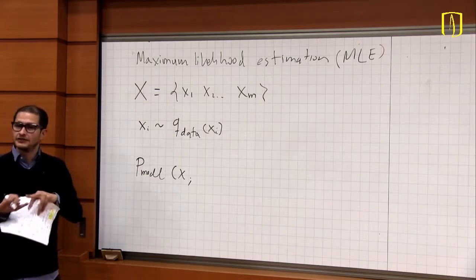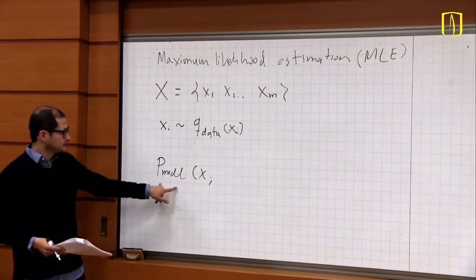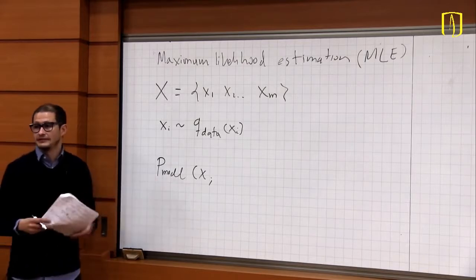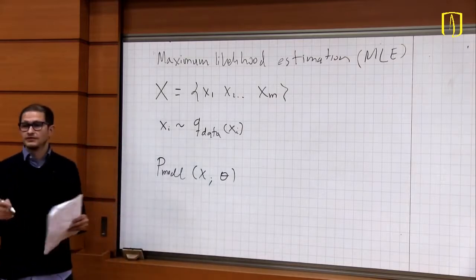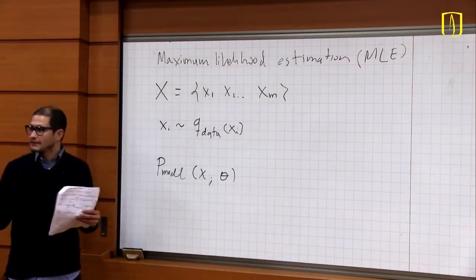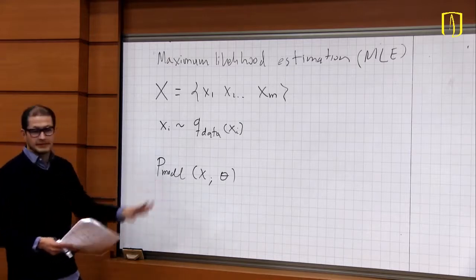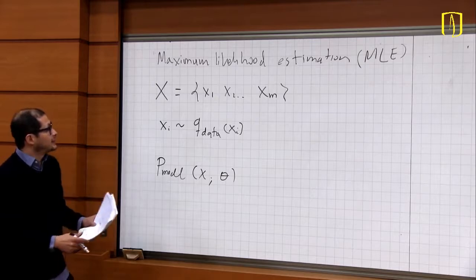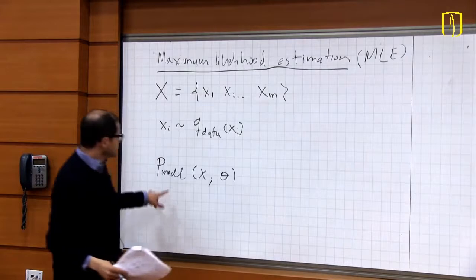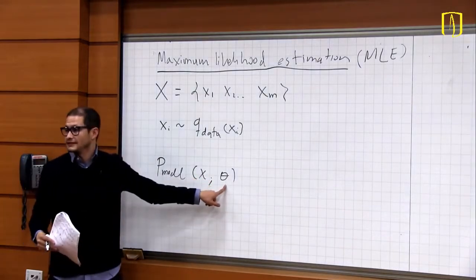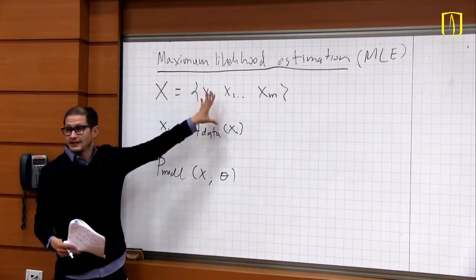Your favorite neural net, or anything you want, any function that correctly parameterizes a probability distribution. It can be your neural net or a simple Gaussian distribution with parameters mu and sigma and so on. So that's my model distribution, and the purpose of maximum likelihood estimation is that we want to estimate theta.